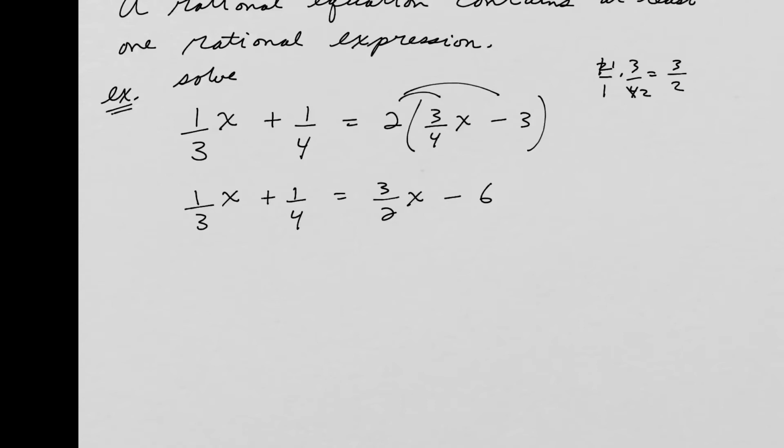All right, now this is the part where we want to, if we can, get rid of those fractions, because it's kind of a pain to deal with the fractions. We could, but it's much easier if we don't have to.